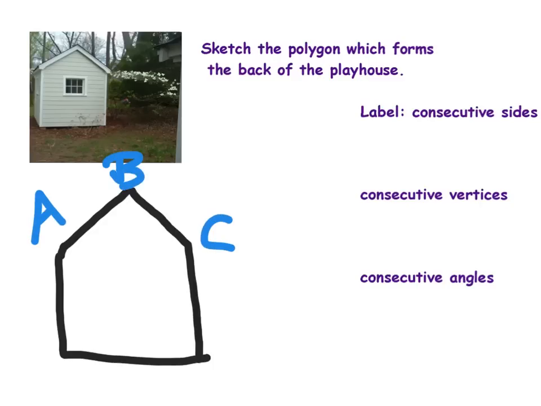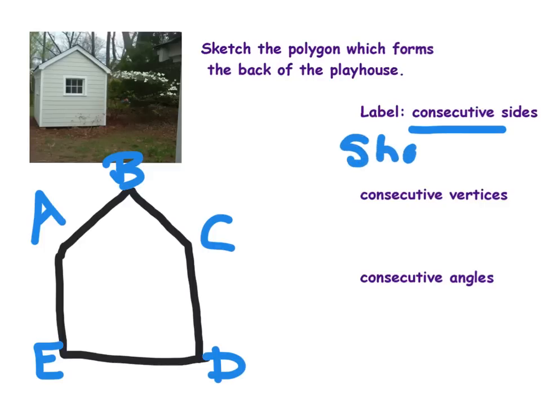A, B, C, D, E. It asks you to label consecutive sides. Consecutive means ones that are in order. Here, consecutive sides are ones that share a vertex. So what is going to share a vertex? A pair of sides that are consecutive.